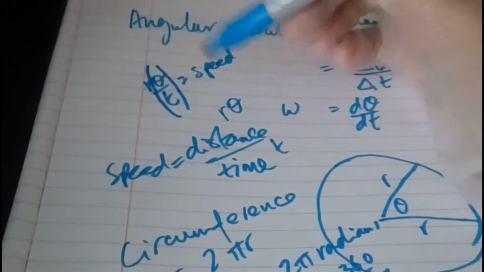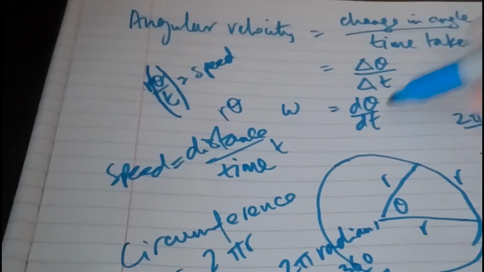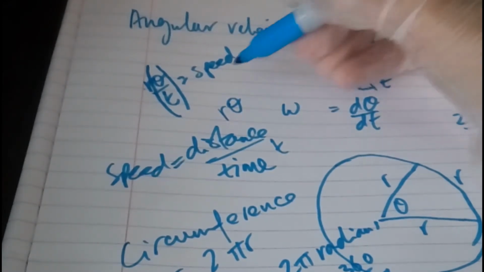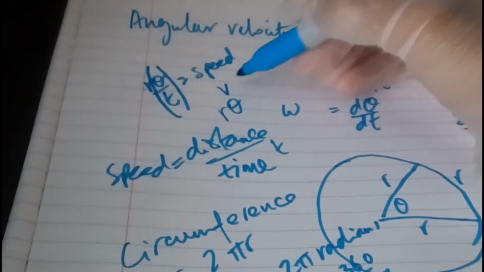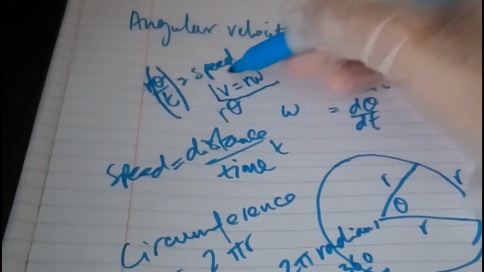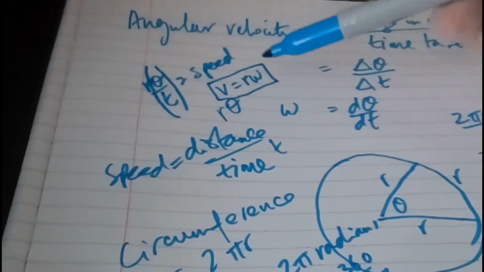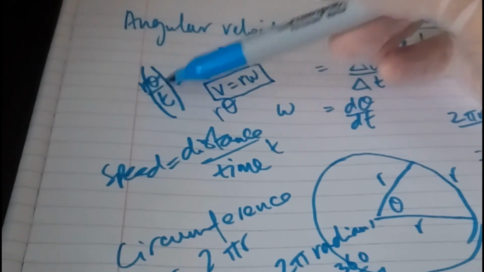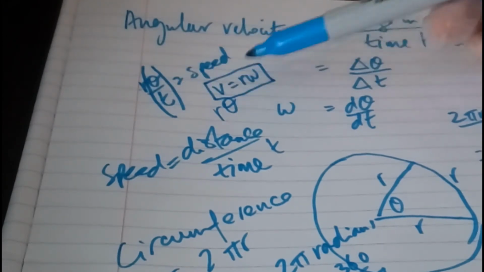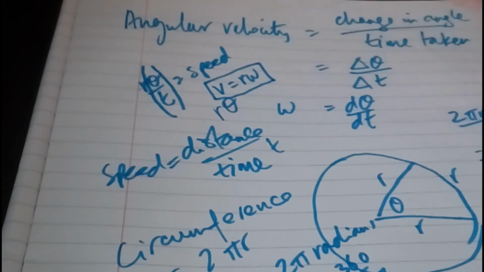And theta divided by t is d theta by dt. So the linear speed v is equal to r omega, where v is the linear speed, omega is the angular speed and r is the radius.